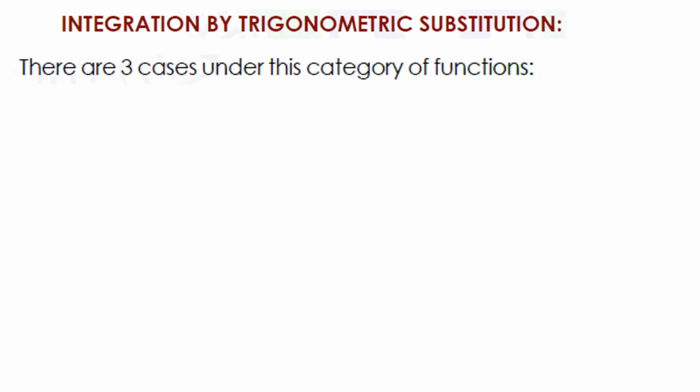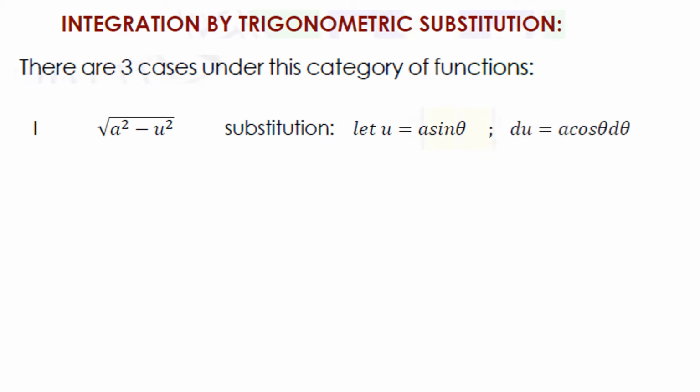In integrating by using trigonometric substitutions, there are three cases to be considered. If the integrand involves the square root of a squared minus u squared, substitute u equals a sine theta. Taking du, it gives a cosine theta d theta. If the integrand involves the square root of a squared plus u squared, substitute u equals a tangent theta.